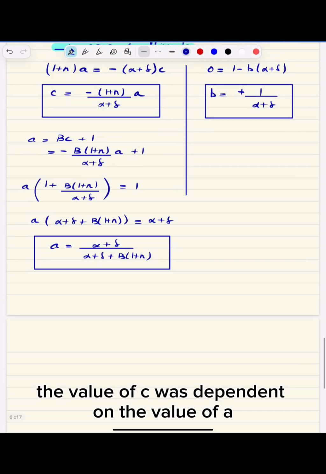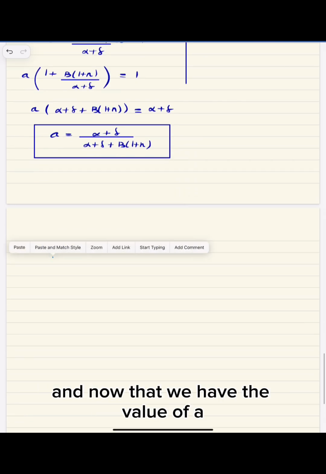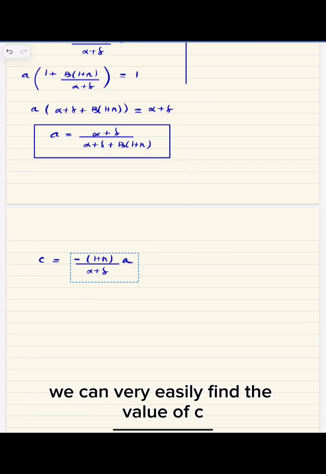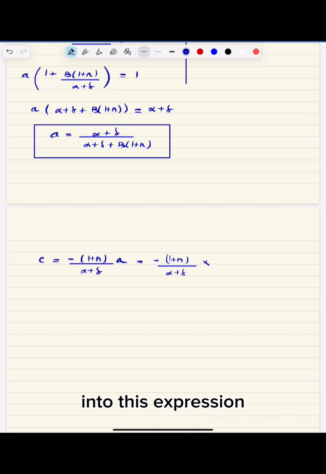The value of c was dependent on the value of a, and now that we have the value of a, we can very easily find the value of c, which is a minus 1 plus n over alpha plus delta into this expression.